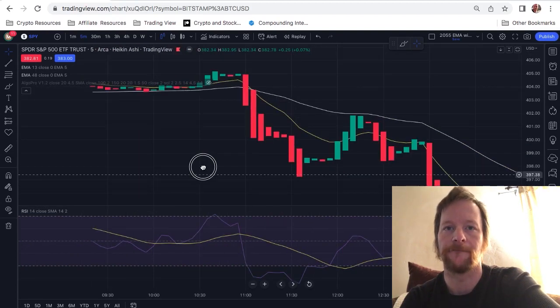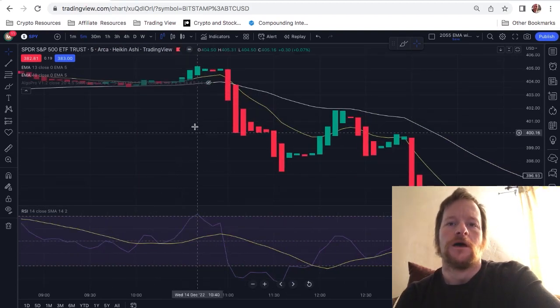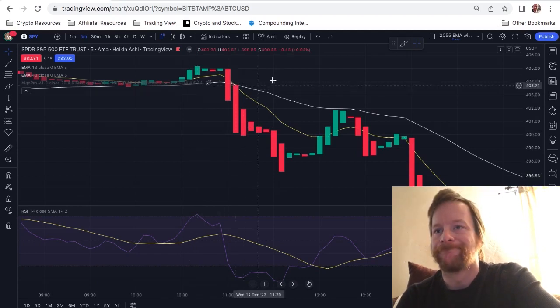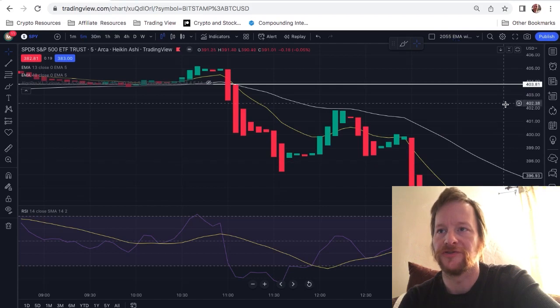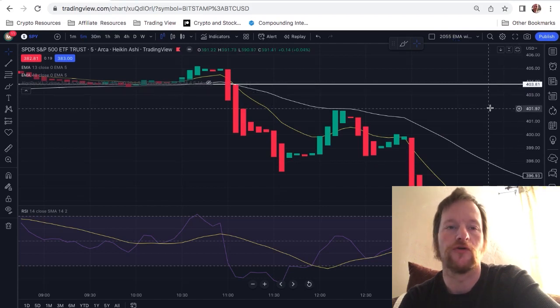Here we go, here's the spot. So it crosses down right here. So we're going to come in right here, we're going to draw a horizontal line. So in this scenario, we would do a 403 put.